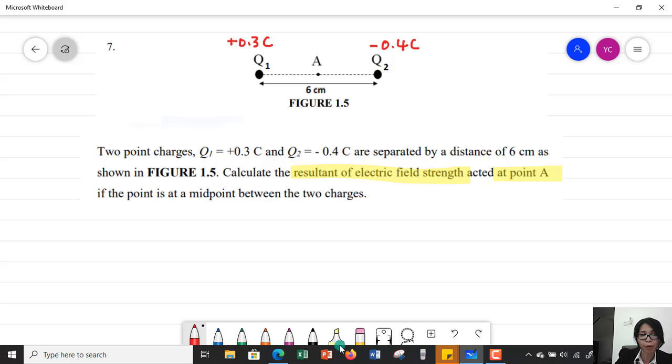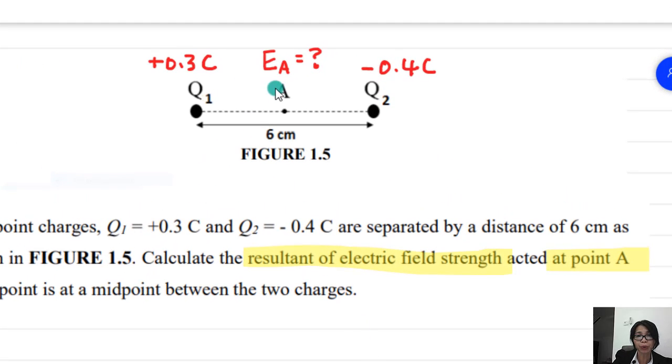So class, if point A is the midpoint between the two charges, we want to find the electric field strength at point A. The electric field strength at point A will be due to the charge Q1 and also Q2.